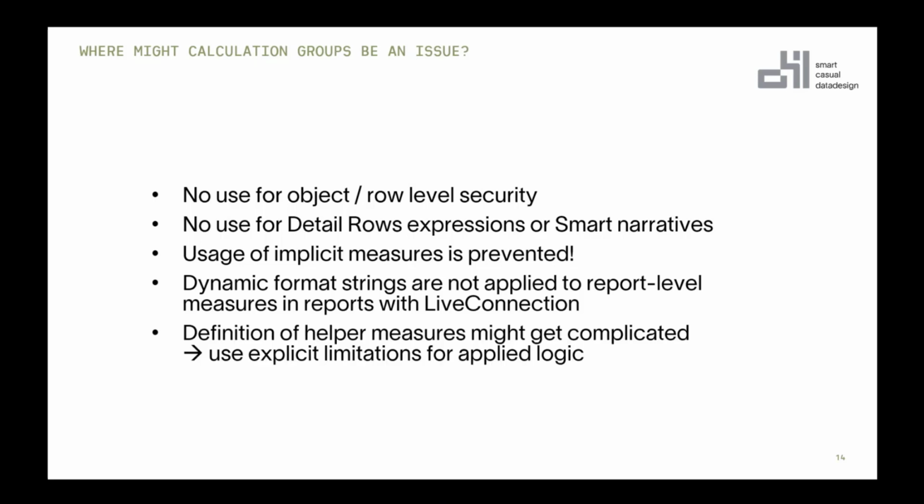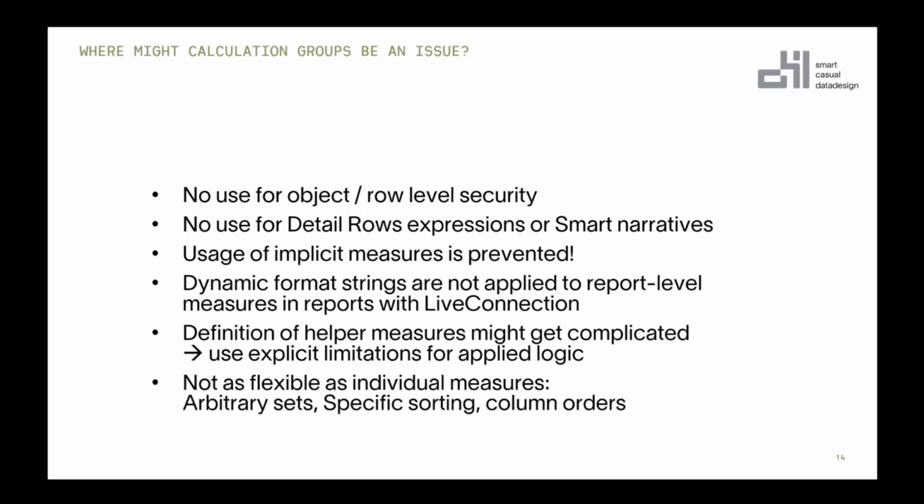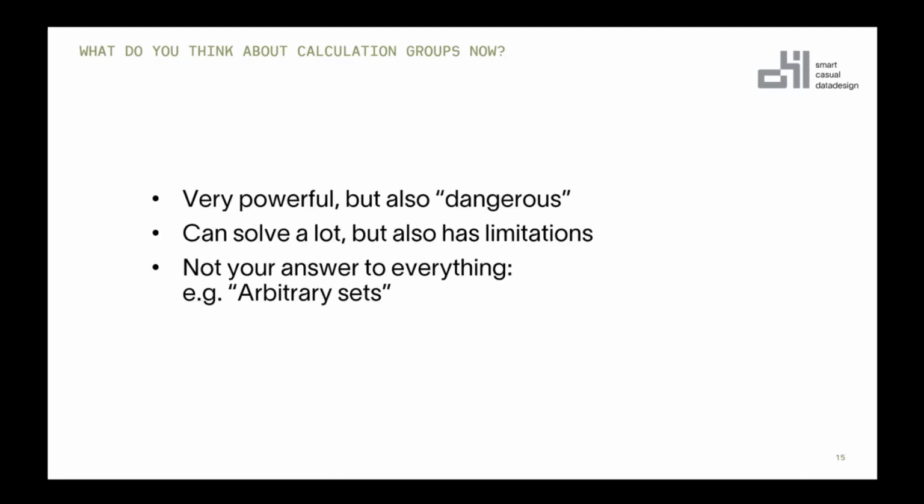So that is an issue. And if you want to create measures that avoid the calculation groups, that is something which you need to consider when creating this. So there are some reasons for and some reasons against this.